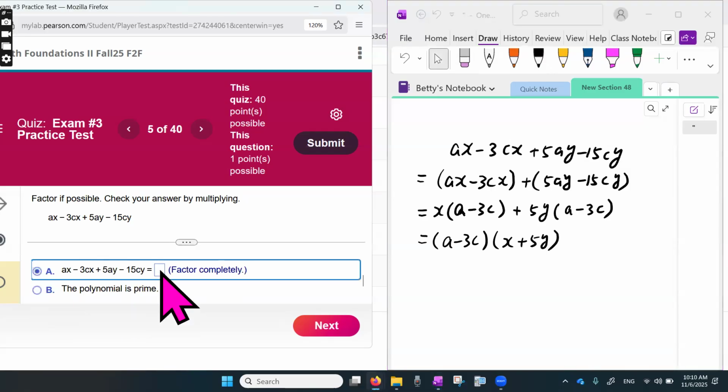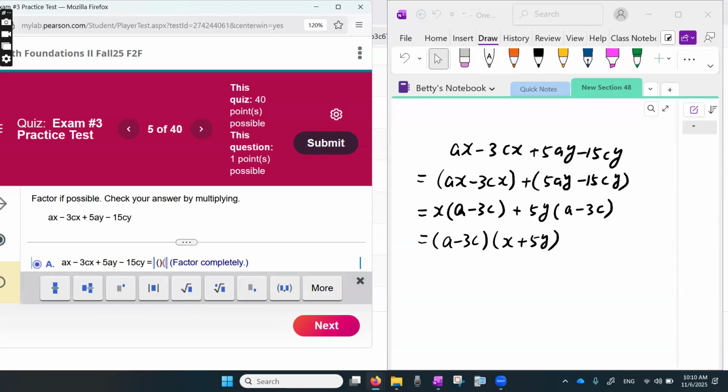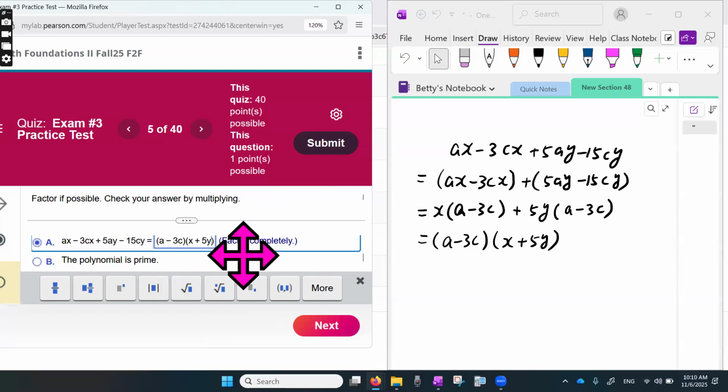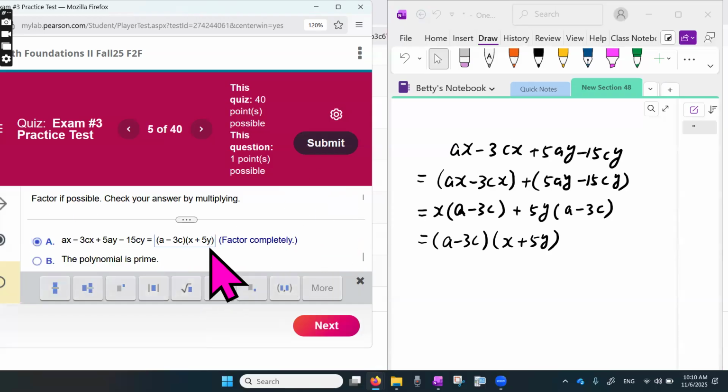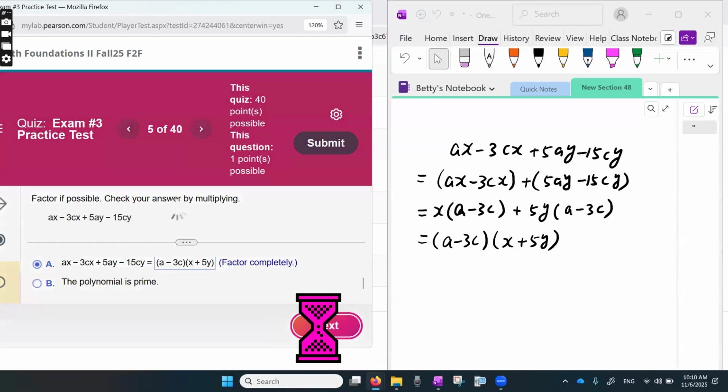The result, parentheses times parentheses. In the first parentheses, a minus 3c. Second parentheses, x plus 5y. A minus 3c, x plus 5y. Okay, next.